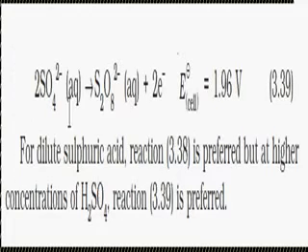And 2SO4 2- gives you S2O8 2- plus 2 electrons, E naught cell is equal to 1.96 volt. Now for dilute sulfuric acid, reaction 3.38 is preferred, but at higher concentrations of sulfuric acid, reaction 3.39 is preferred.